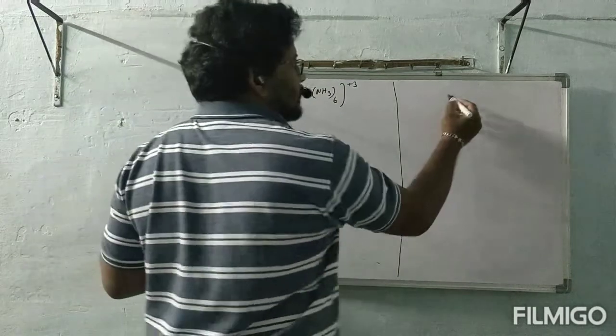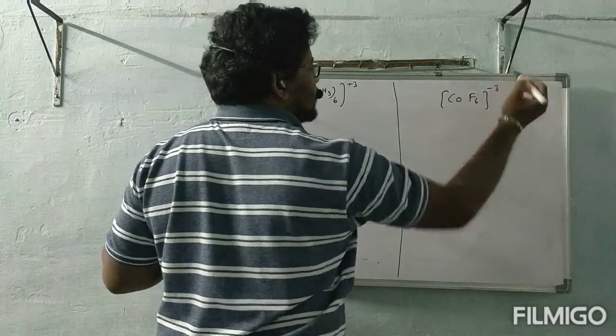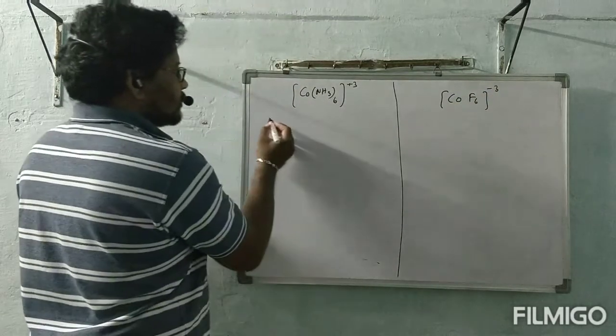Co(NH3)6 3 plus, this compound, and CoF6 3 minus. Okay, cobalt 3 plus.